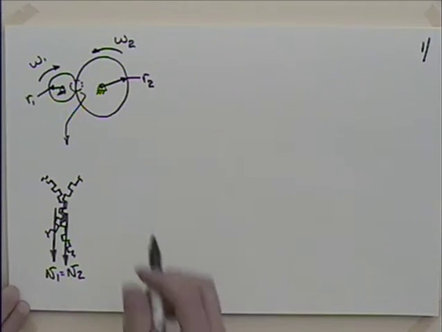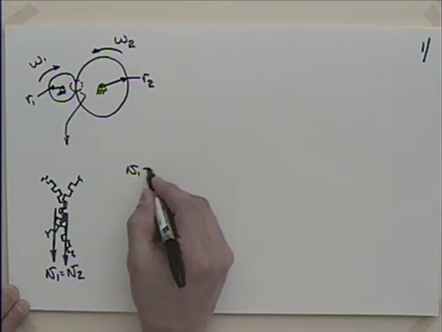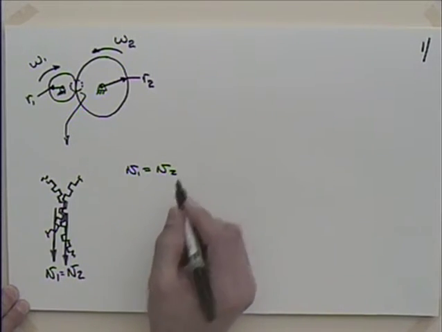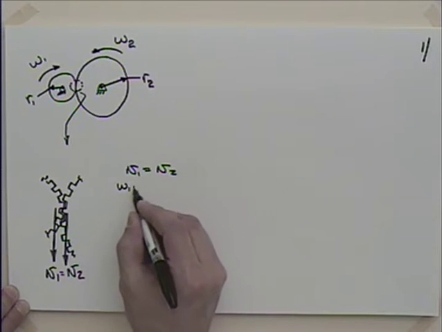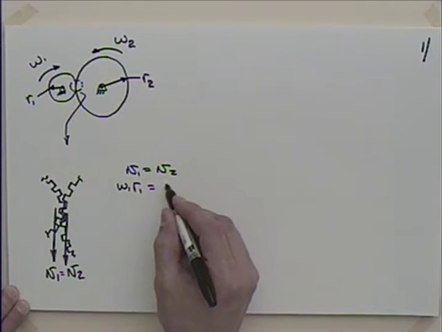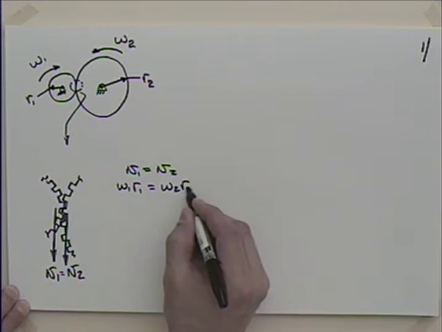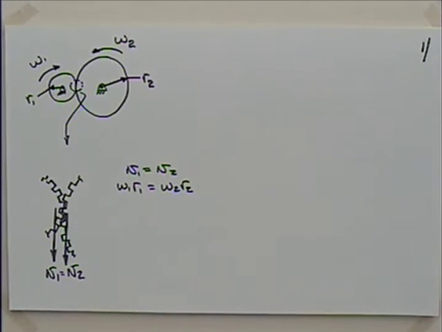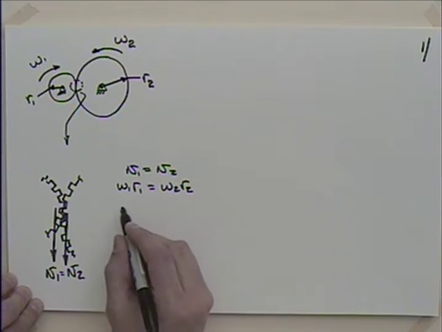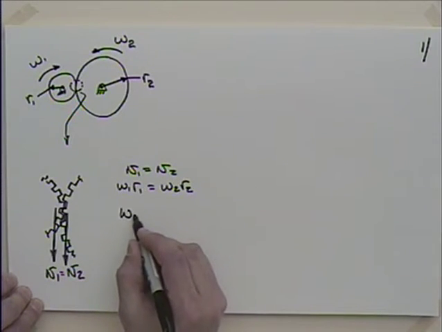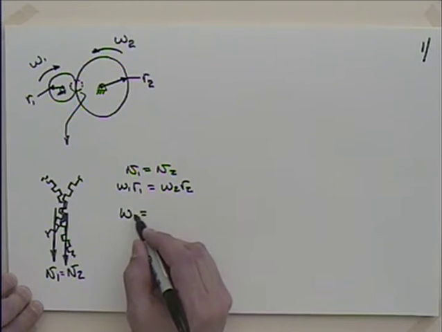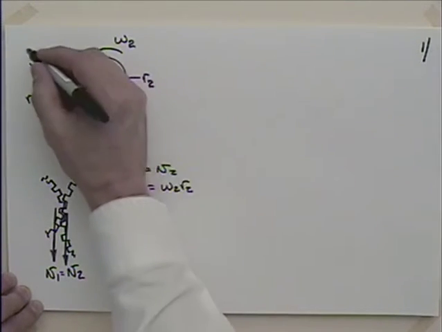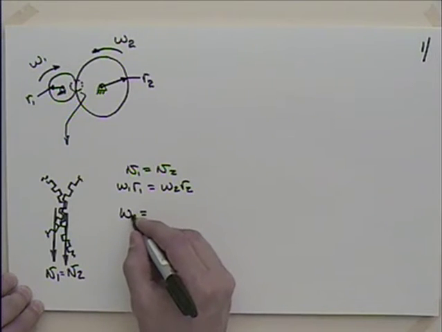Okay. So if I know that velocity 1 is equal to velocity 2, I could say that the product of omega 1 times r1 has to be equal to omega 2 times r2, doesn't it? So then, let's say that I was inputting on omega 1, so I'll talk about omega 2.